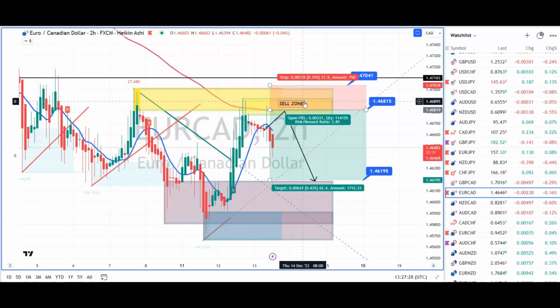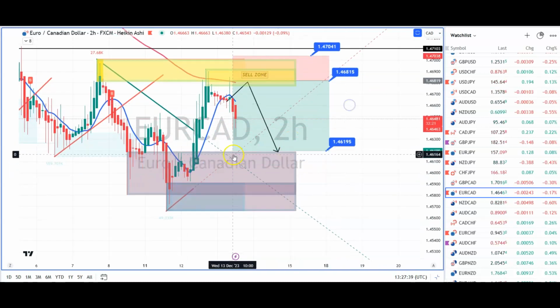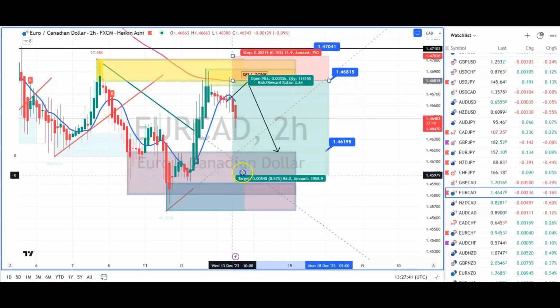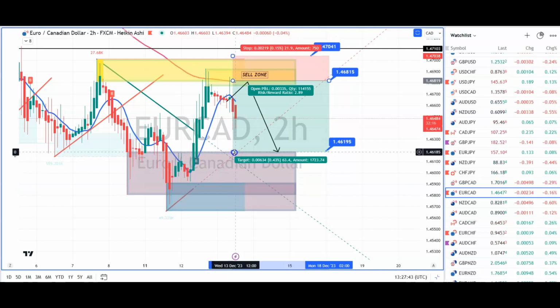The same applies here: instead of using $2 per pip, you can use 10. This is only 2 here, but there is going to be a bigger target further down. Obviously there's a bit of a stumbling block here, but nonetheless, at this point of entry, as the price came into the liquidity zone, that is your entry.